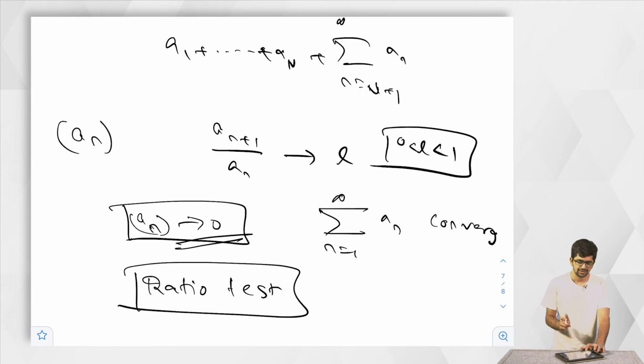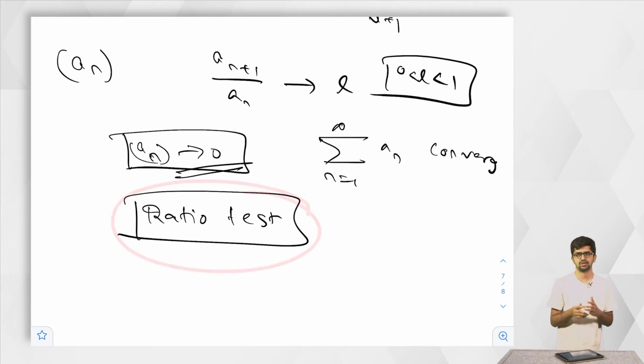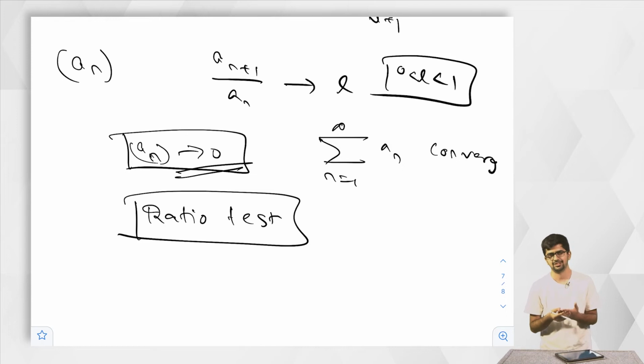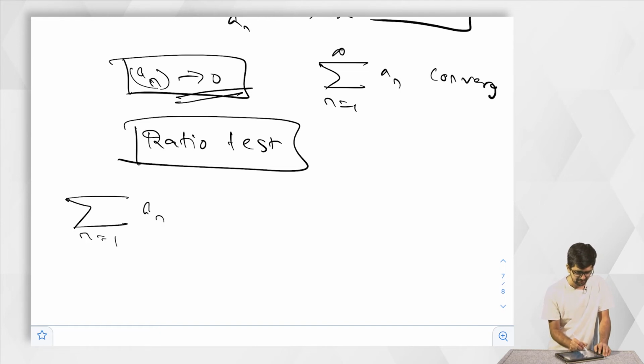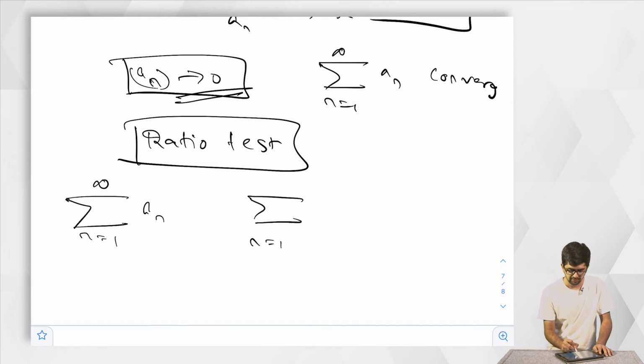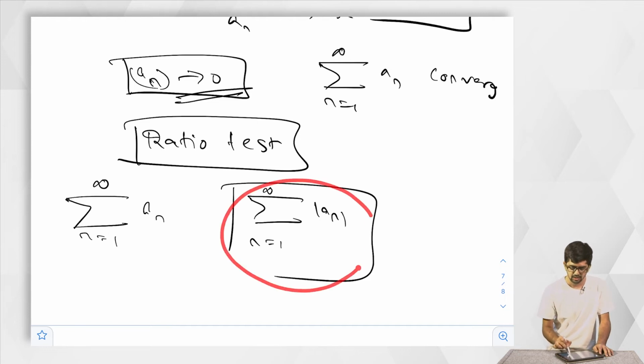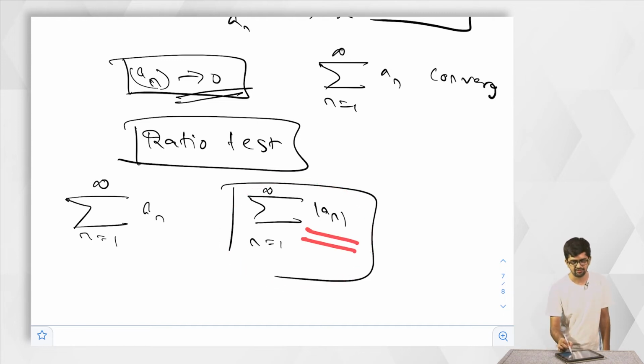Okay, this test can be used to conclude convergence of series of non-negative terms. Again, just like in the previous case, one can do the following smart trick. You take any series summation n equal to 1 to infinity an, and an need not be non-negative, but one can consider the series summation n equal to 1 to infinity mod an. Maybe for this series you can apply the ratio test, as every element is non-negative.